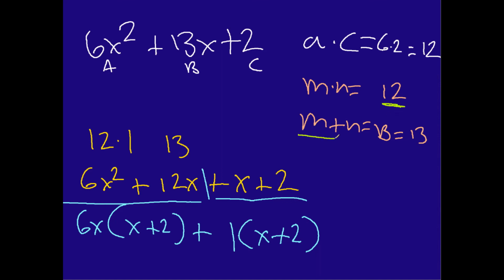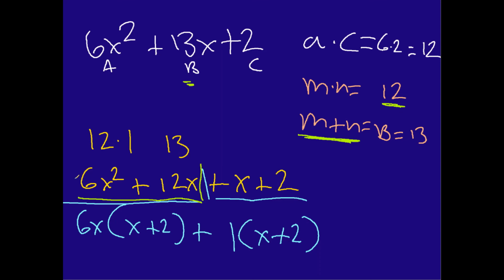And when you add the two factors that you get, it must equal the middle term, or the b term, right here. When you do that, you now know how to split apart the middle term. And then you group the polynomial into two binomials, and you're able to factor those, and then you combine them at the end. A very beautiful, elegant method for dealing with what can be a complex problem for factoring.